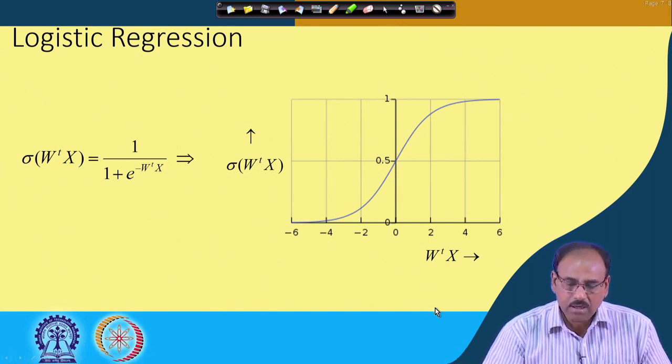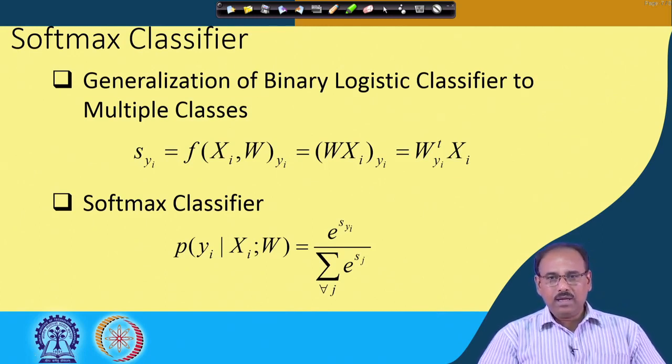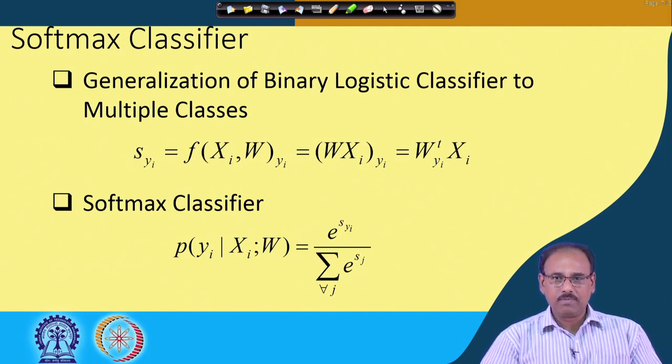There is another concept which is known as the Softmax Classifier. Earlier, the linear regression or logistic regression which we have discussed were with respect to a binary classifier or two class problem.